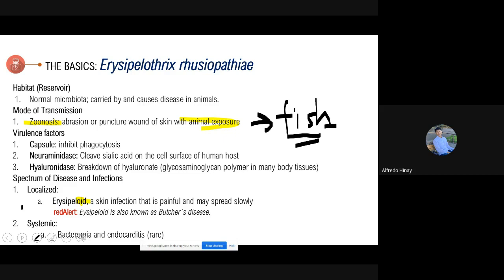So, they have the same clinical manifestation, but different causative agents. Erysipeloid is also known as your Butcher's disease. So take note with the two terms, class: erysipeloid for Erysipelothrix, and you have your erysipelas for your Streptococcus pyogenes.